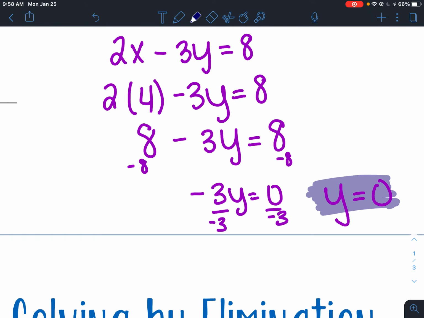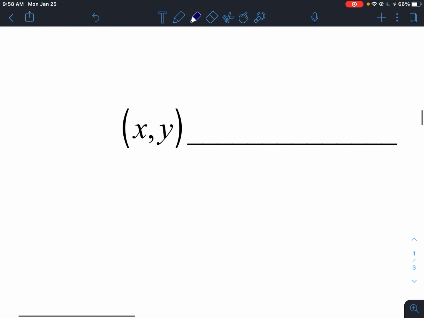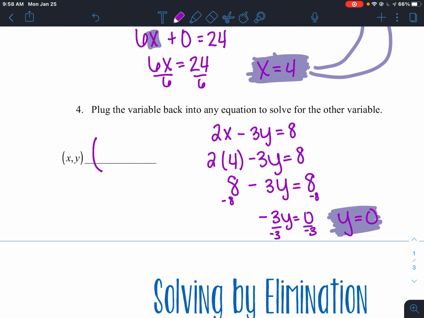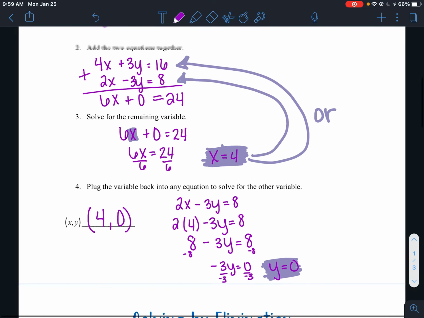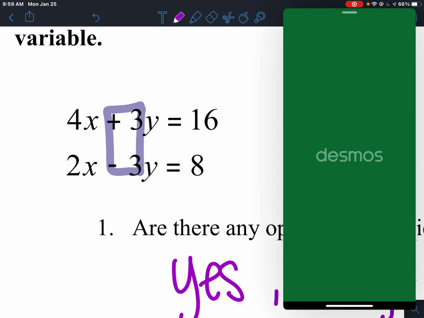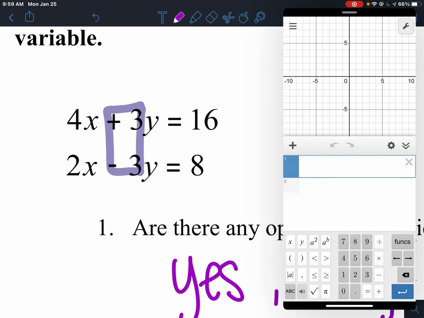So now the solution to this system of equations is a coordinate. It's x comma y. X equaled 4, y equals 0. So 4 comma 0. Now I'll show you what it looks like when we graph. Not that you have to do this, but just to show you that it works out either way. Now on the test, if it does ask you to solve using elimination or substitution, I do need it to be solved algebraically.